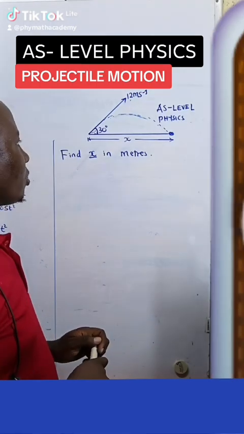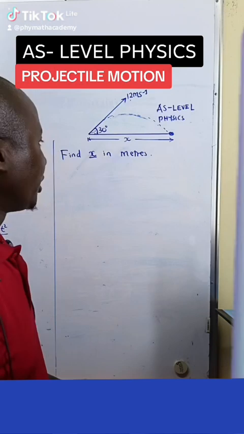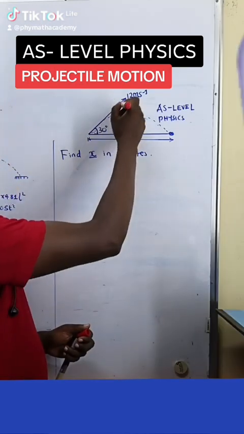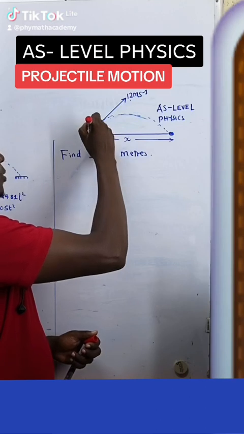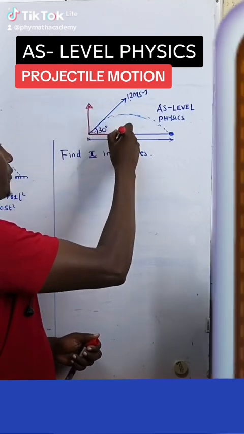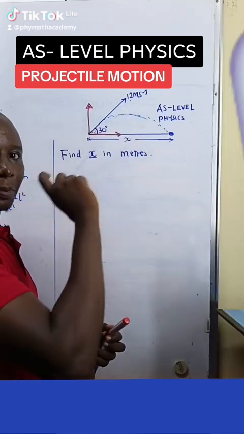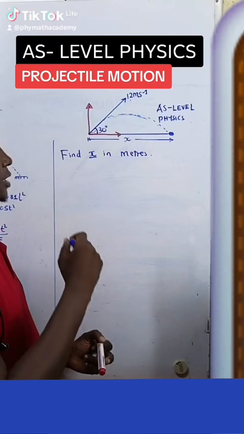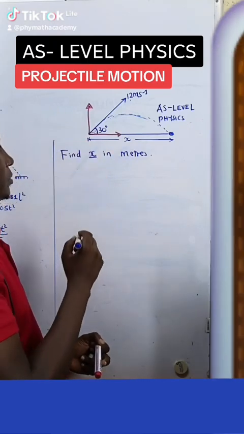So to work out this question, the first thing we need to put into perspective is that since this object is projected at an angle, we have the vertical component and also the horizontal component, meaning that it's moving in the vertical direction and the horizontal direction at the same time.